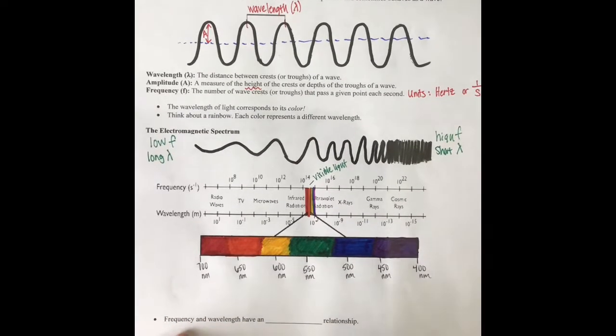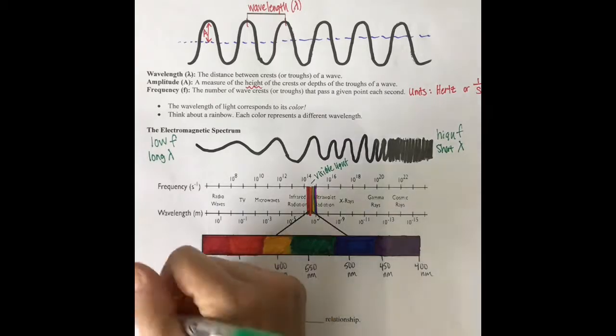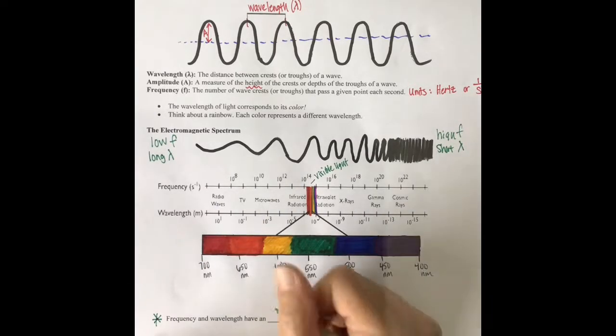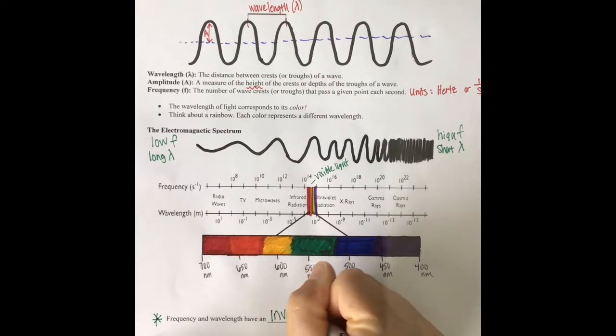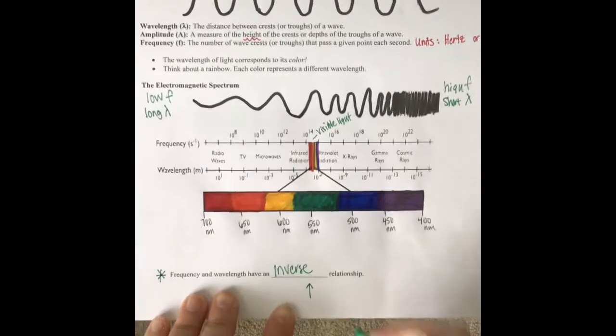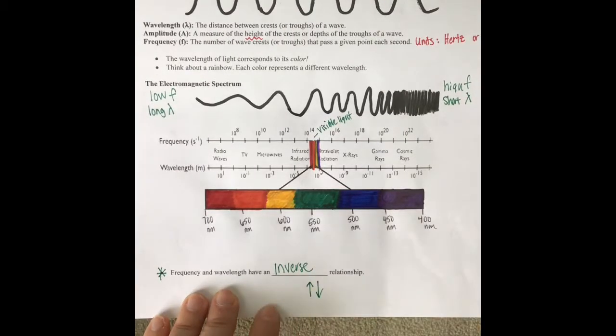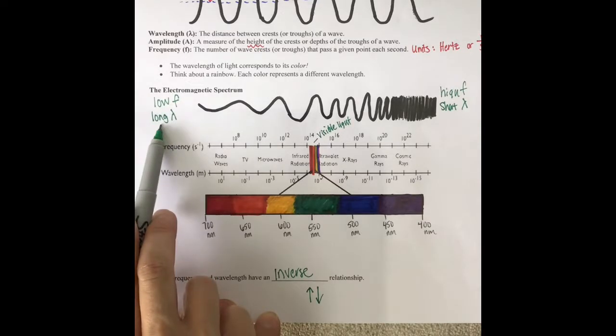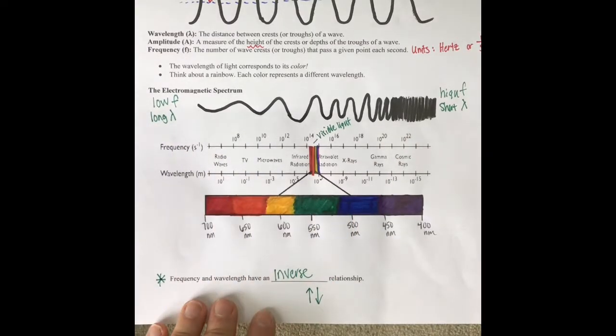One thing that is very important to get out of this section is that frequency and wavelength have an inverse relationship. When one is high, the other is low. If you have a low frequency, you have a long wavelength, and vice versa.